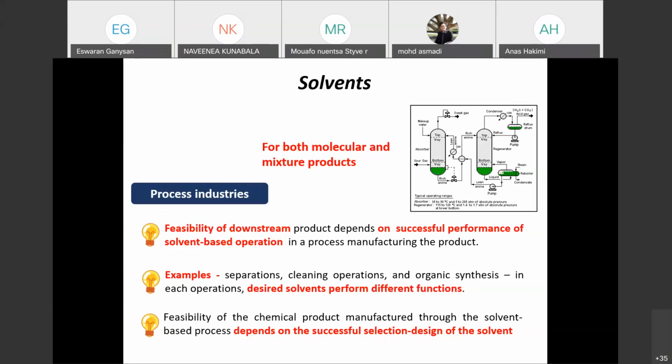In each operation the solvent has a different function. So the feasibility of a chemical product manufactured through a solvent depends on the successful selection and design of the solvent. This is a good example for unit operations.